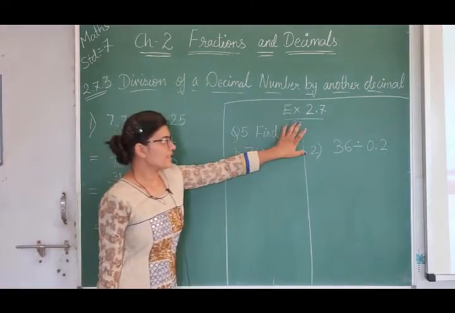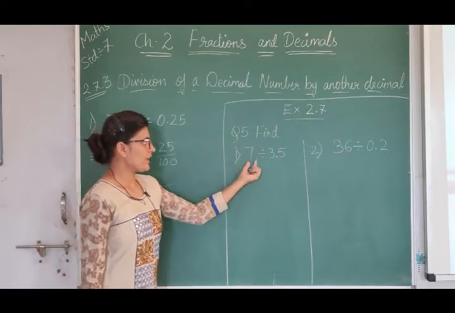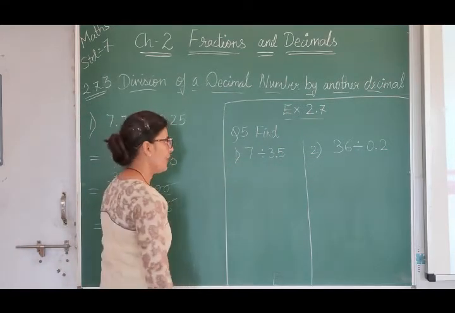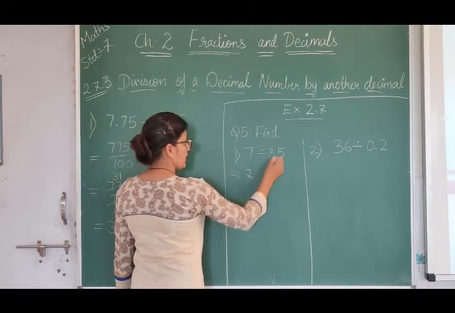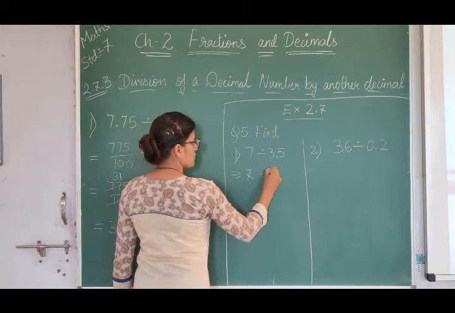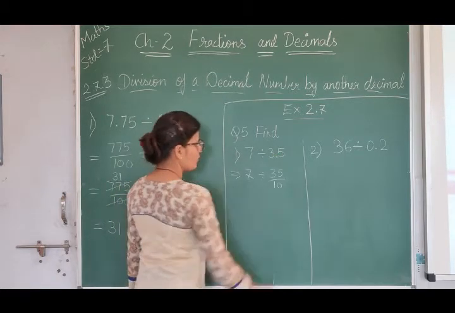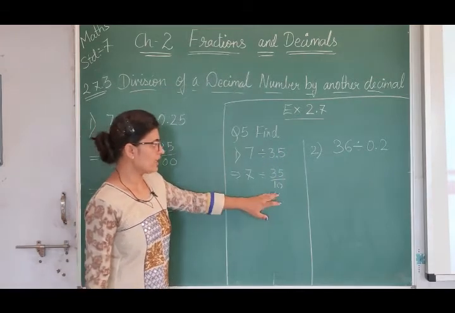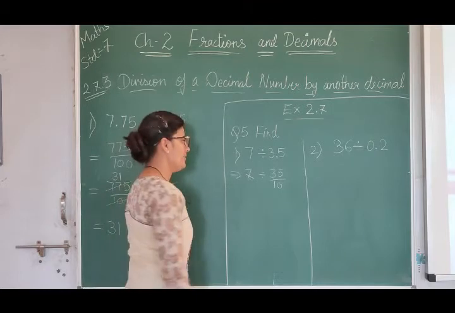Now here exercise 2.7 question number 5 is given to you. Find first 7 divided by 3.5. So 7 is a whole number, we will put it as it is. Now this point first we will remove. So it will be 35 divided by 10. If you want to remove the point, we have to take its fraction form, means after the point 1 digit, divide it by 10.